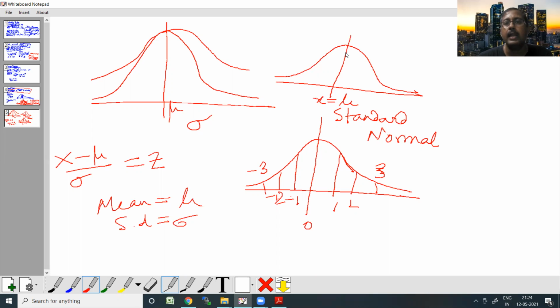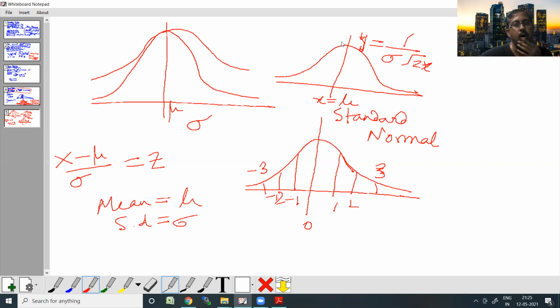At this ordinate, the value of y is going to be the highest. So what's the value of y? It's going to be 1 by sigma root over 2 pi. These are the basic properties of a normal distribution.